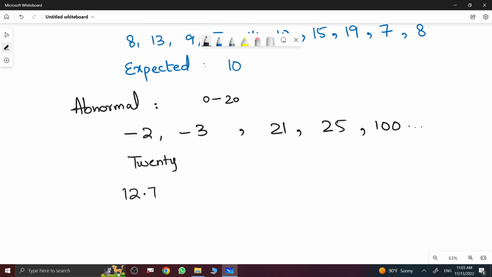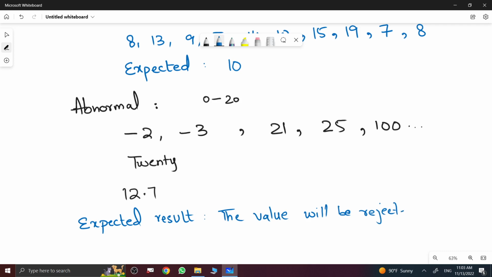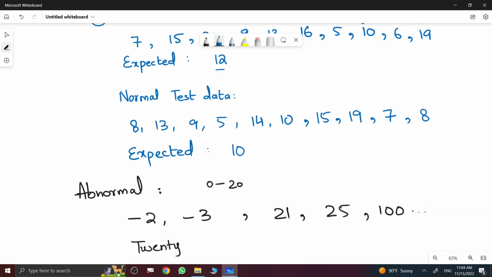So for all of these values, the expected result, you can simply write, the value will be rejected by the system. This is going to be your expected result. None of these values will be accepted by your algorithm.